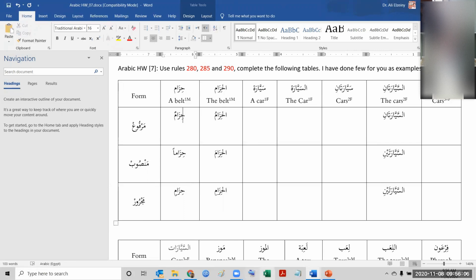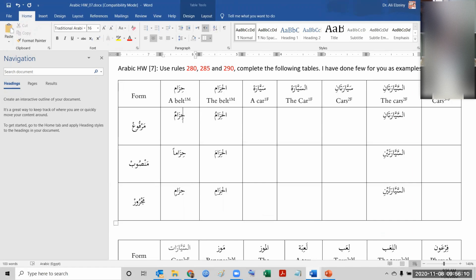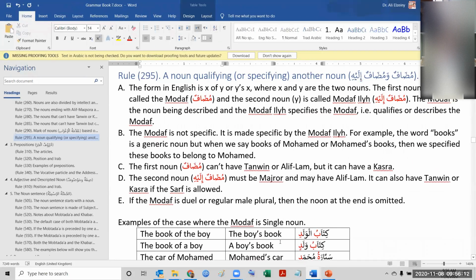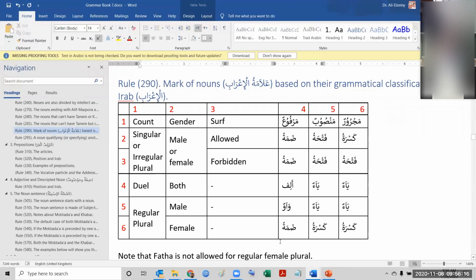So we go back to the rule of 290. It says that it's a singular male. Male or female, it doesn't matter, it's the same. And sarf is allowed.